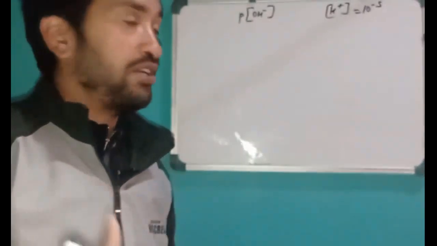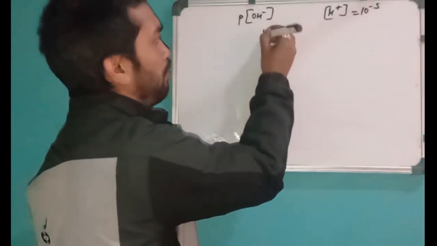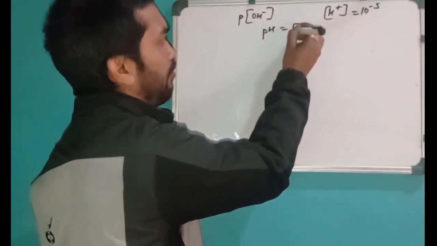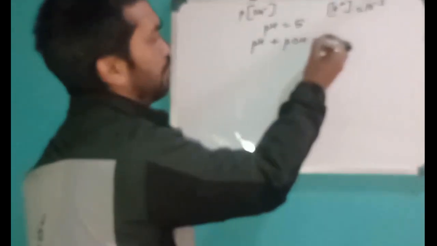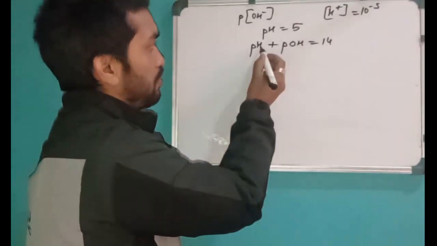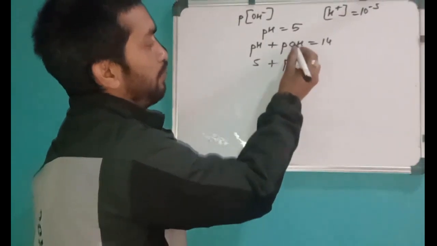First take out the pH. As we have already calculated previously, the pH value is equal to 5. Now remember a formula: pH plus pOH is equal to 14. So now substitute the value of pH. It's 5 plus pOH is equal to 14.